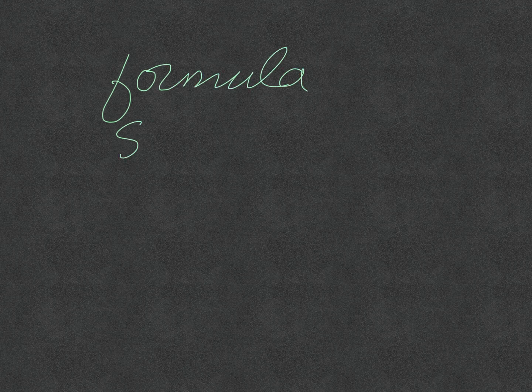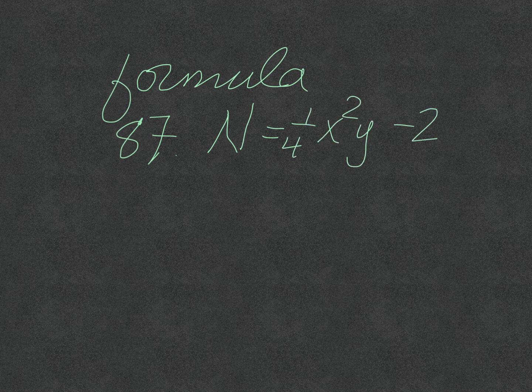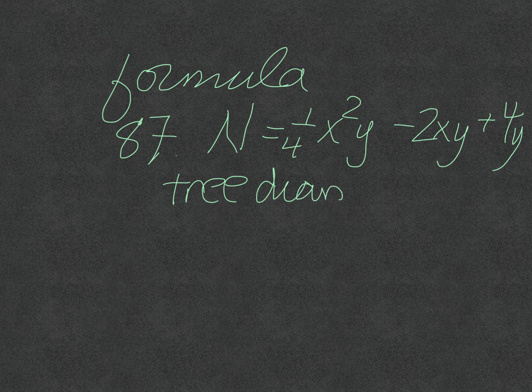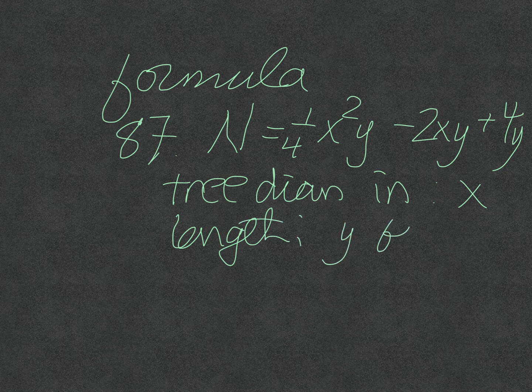So for instance, number 87 says the formula for the number of board feet in a piece of lumber is 1/4 x squared y minus 2xy plus 4y, where x is the tree diameter in inches, and y is the length of the tree in feet.